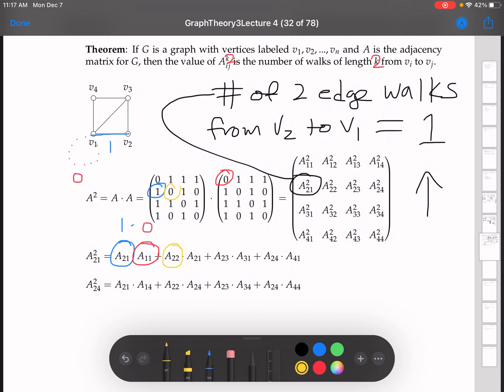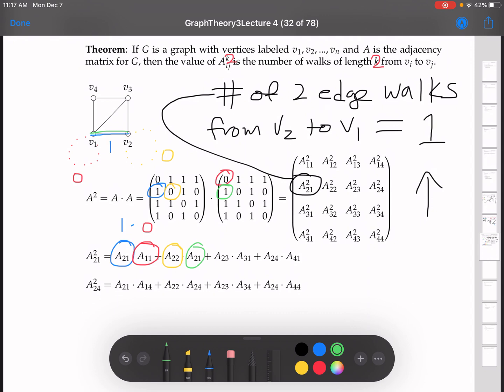A22, that's 0 there. That corresponds to no edge from v2 to itself. And then A21, that's that there.